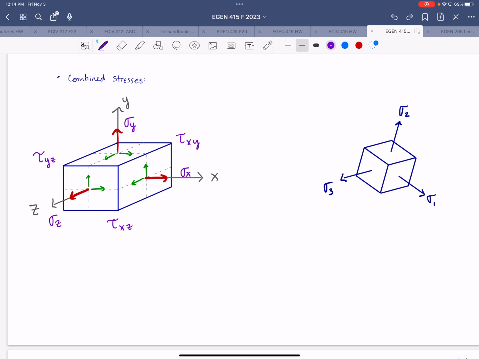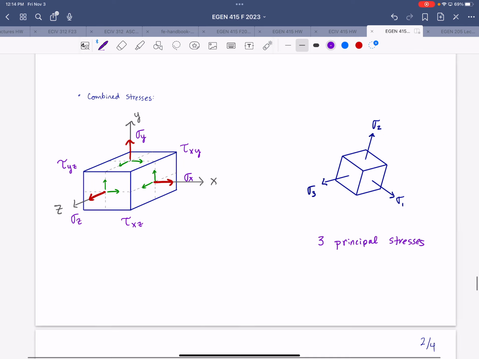So we've got our 6 stresses, and then if we consider the principal direction, we have 3 principal stresses. Sigma 1, 2, and 3 will be used to denote principal stresses throughout this lecture.